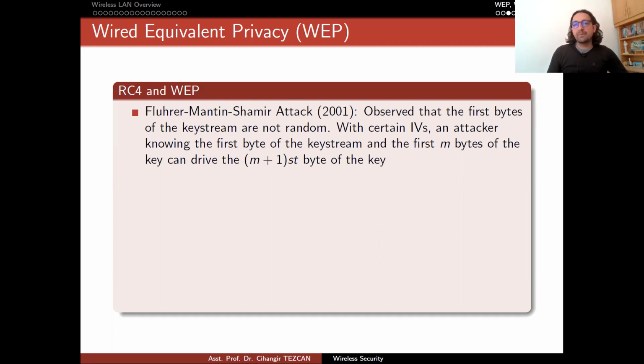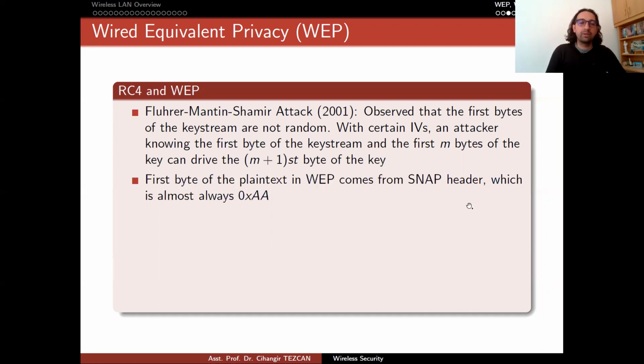With certain IVs, an attacker knowing the first byte of the key stream and the first n bytes of the key can derive the following byte of the key, the n plus first. This means that if you know the first byte, then you can capture the second byte of the key, and so on and so forth. But this only works with certain IVs. Some IVs in this attack were considered weak IVs, and this attack worked on those.